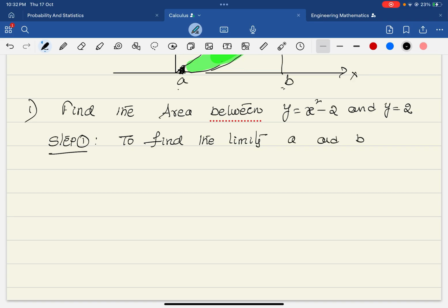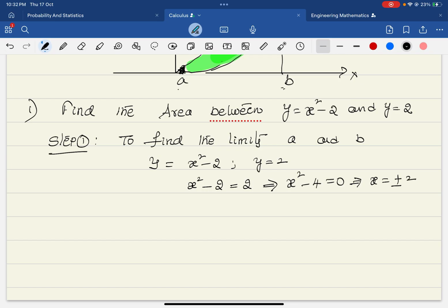We know the two equations: y is equal to x square minus 2 is one equation and y is equal to 2 is another equation. Can we equate both of them? Yes. So x square minus 2 is equal to 2, or x square minus 2 minus 2, which is x square minus 4, is equal to 0. So what is the value of x?